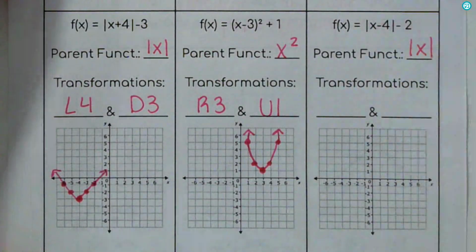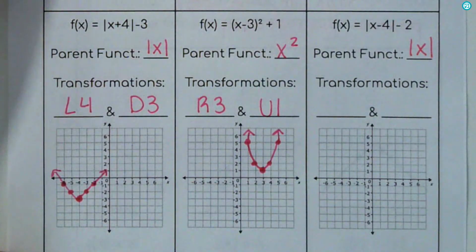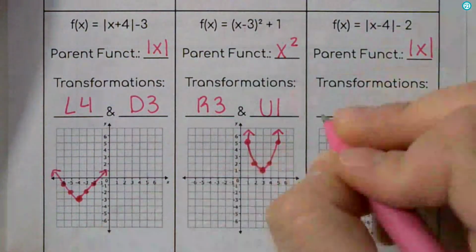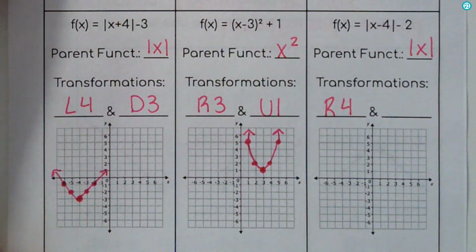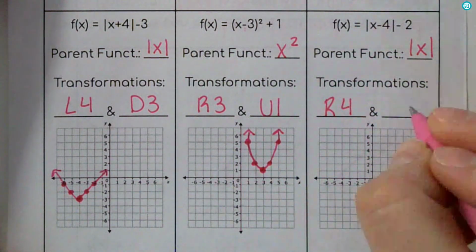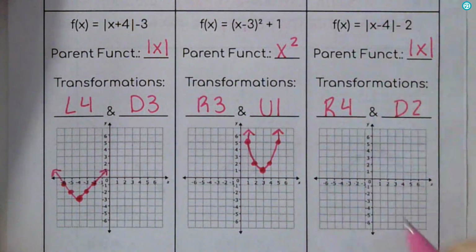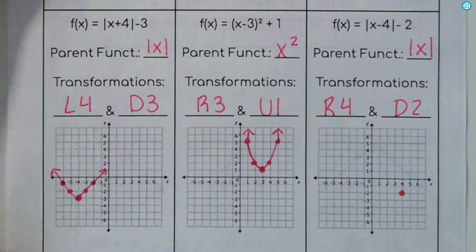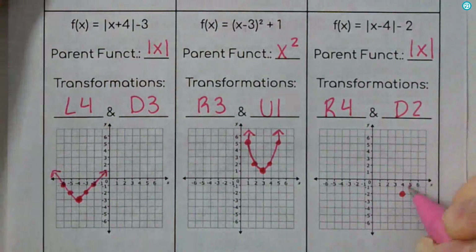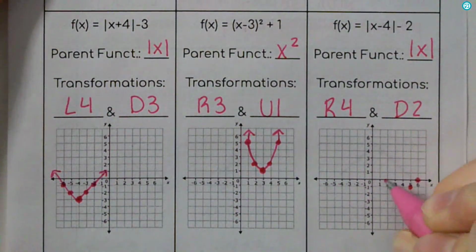Awesome. Okay. What is my first transformation? Point the direction I'm going to go. Awesome. Right. So we're going right by 4. Then point the direction my next transformation takes me. Down 2. Cool. So right 4, down 2, put a dot, and then make my little V shape. Up 1, out 1, twice on each side.